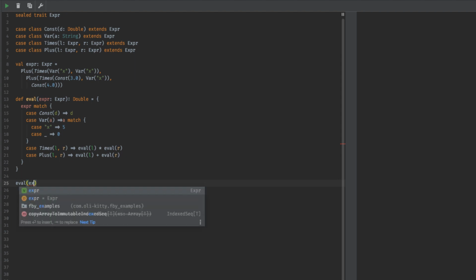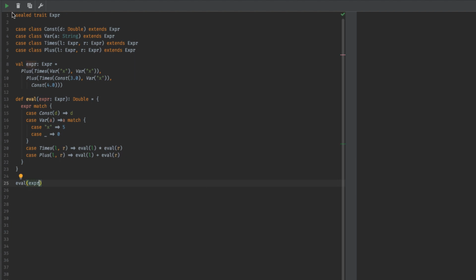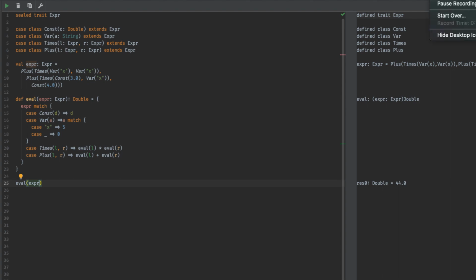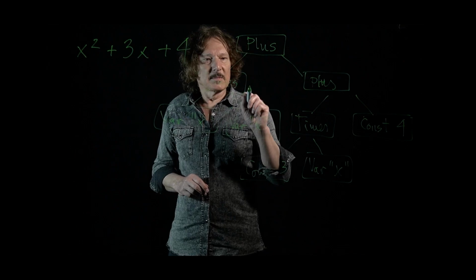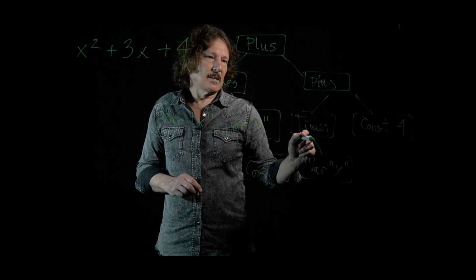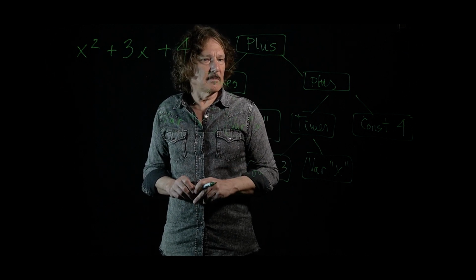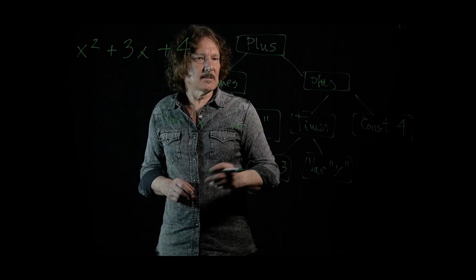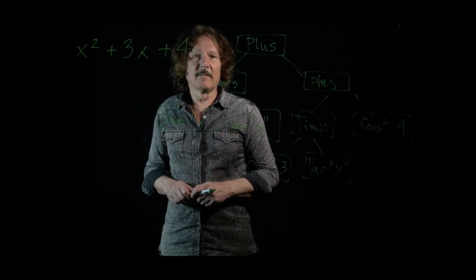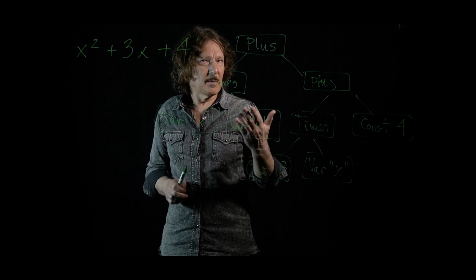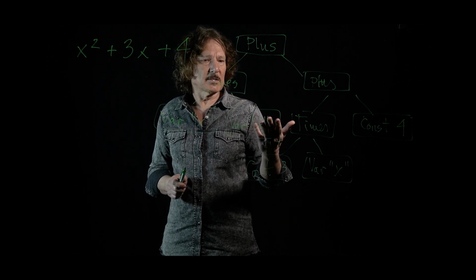Finally, let's evaluate our expression and see the result. So the result is 44. So we decided to evaluate this thing to a double, but there are other possibilities. We can, for instance, evaluate this tree to a string, sort of a pretty printer for expressions.